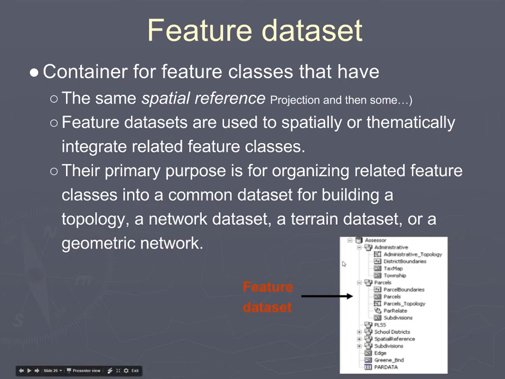An important note is that all of these primary purposes, the spatially integrating of your feature datasets, require a higher license level of ArcGIS. You cannot do those with a basic license level. So many people that use a basic license level of ArcGIS will just thematically organize their feature classes in feature datasets.